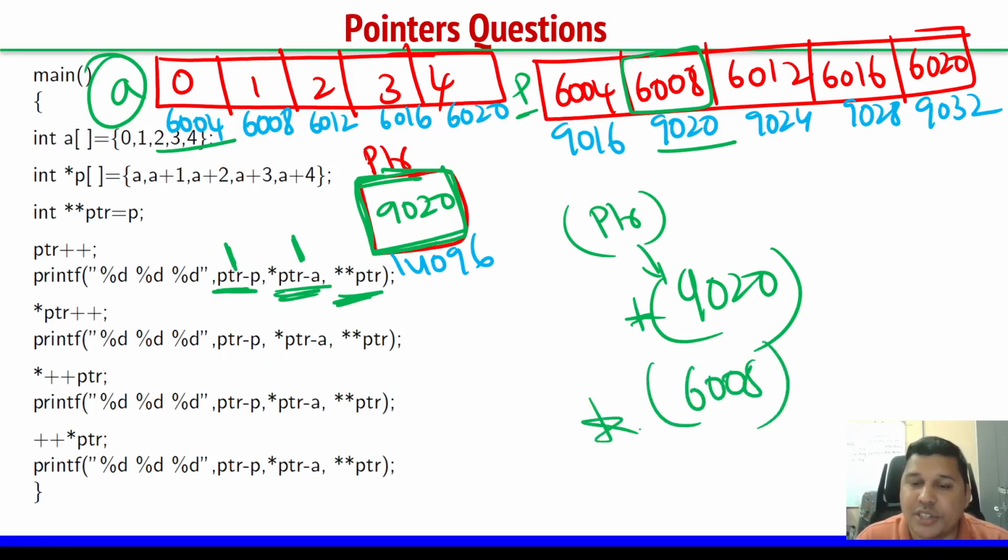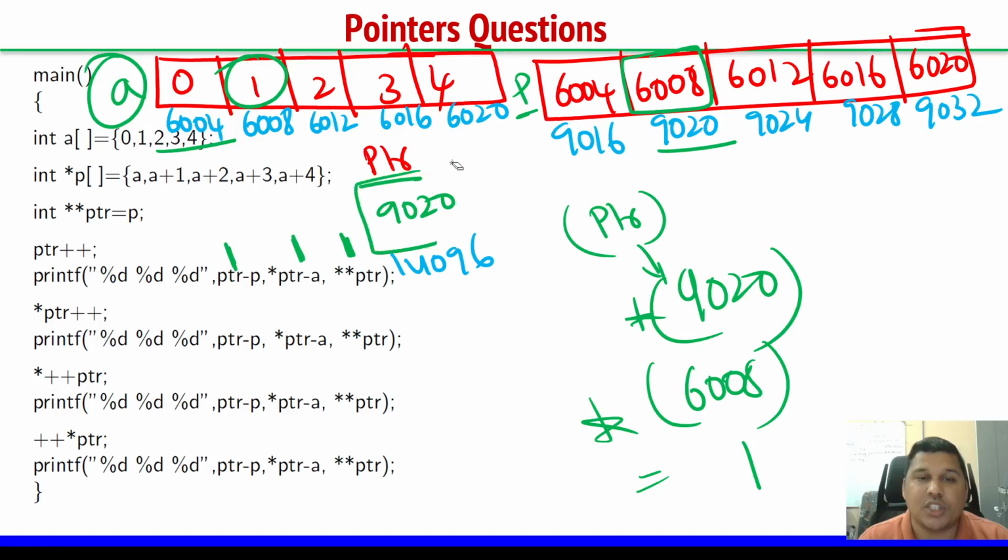Again star of this, because it is a double pointer. Star of 6008 means this value, that is 1. So this is also 1. Okay, so these three values are 1, 1, 1. Because of this statement, the only thing that got changed here is this: the PTR value became 9020. This box.